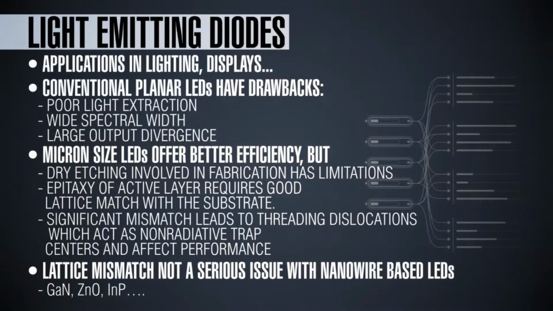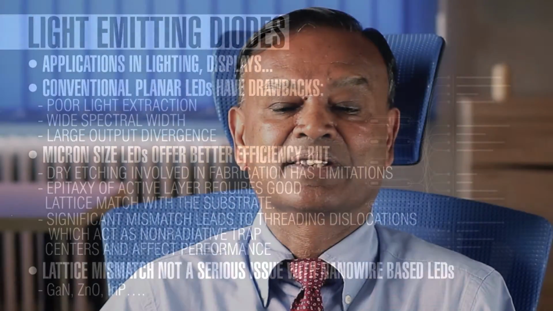In order to make the LEDs, dry etching is a critical process that has its own limitations, particularly leaving a very poor surface, and that could have traps. So that's an issue. Another issue is epitaxially grown layers. You have to make sure that you have a good lattice match with the substrate itself.